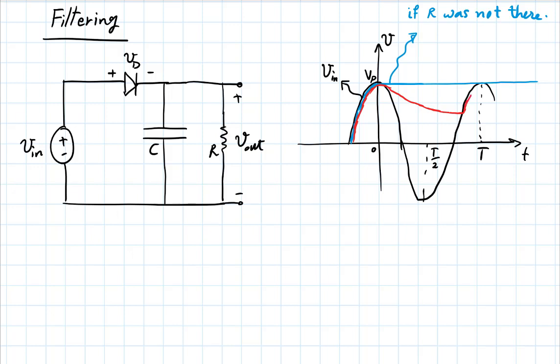So after this, the diode is on again. The output follows the input up until this point. And then again, you have the RC discharge. And this pattern keeps repeating itself.